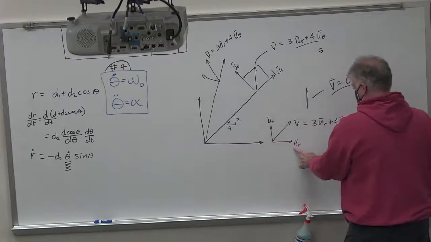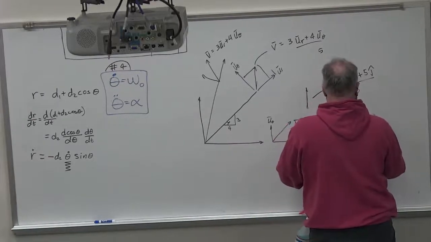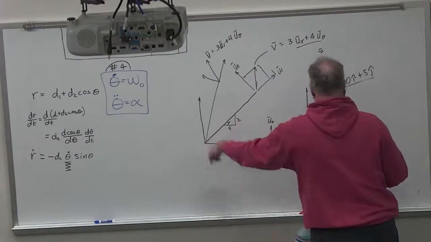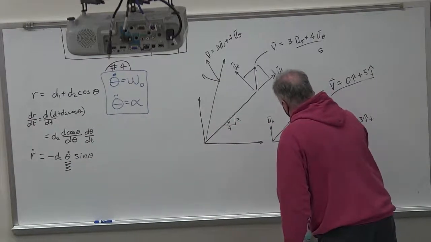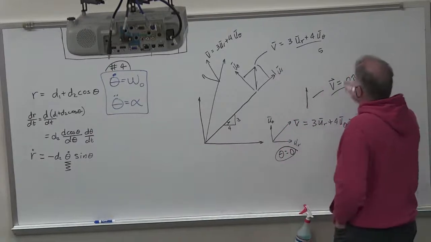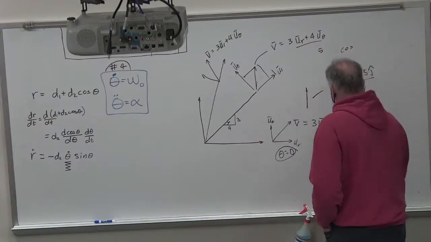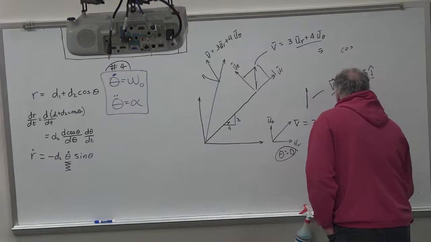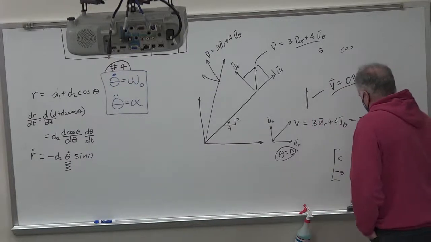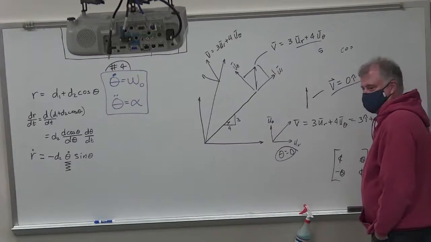You look at it, well, that lines up with the x. So that's nothing more than 3i plus, that lines up with the j. This particular moment, the reason is because theta is equal to 0. And if you go back to that transformation matrix we did a minute ago, remember it was cosine, sine, minus sine, cosine. You put in 0 for the angle, and you get 1, 0, 0, 1. So it transforms exactly the same.